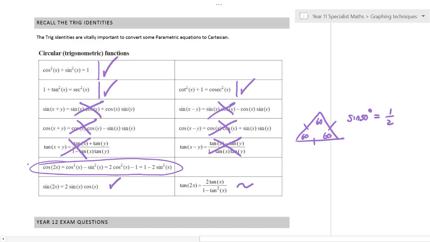Remember how we said that cos of 7 pi on 4 is equal to 2 cos squared of 7 pi on 8 minus 1. Do you remember that one?